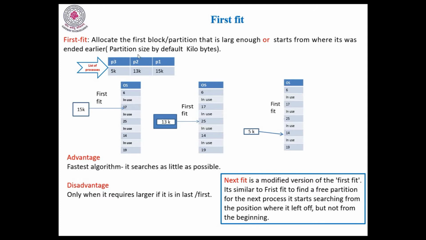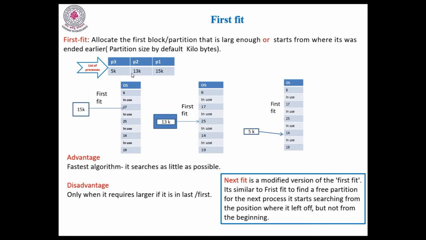Let's go for the next process. P2 requirement is 13K. What is the definition? It starts from where it ended earlier. Once one process is selected and loaded, for the next process I should follow this definition. Where it ended earlier, here only.